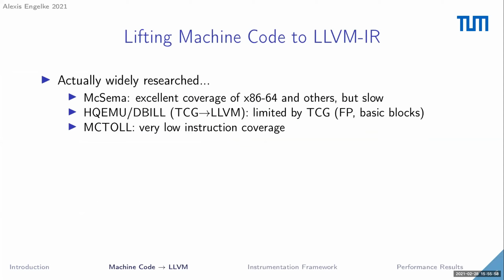The probably best and most tested lifter, with the best coverage of instructions, is MC-SEMA, which is designed for binary analysis. They do a lot of analysis steps, and we have an extra intermediate representation before we go to LLVM, and we try to recover functions and global variables and calling semantics and calling conventions from machine code.